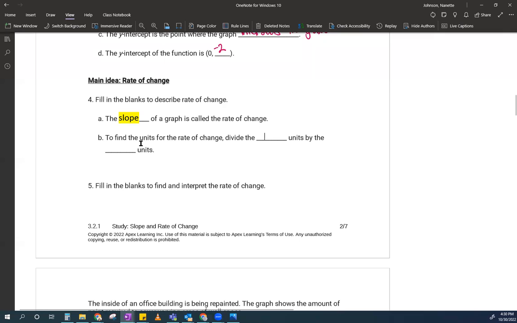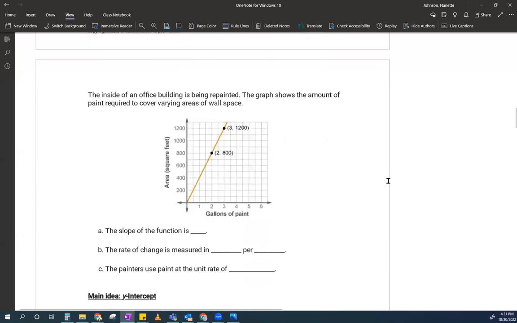I'm just going to write inputs, and up here we have outputs, because it's not doing anything at all. This word is outputs and this is by inputs, because you're dividing the y's by the x's, right?